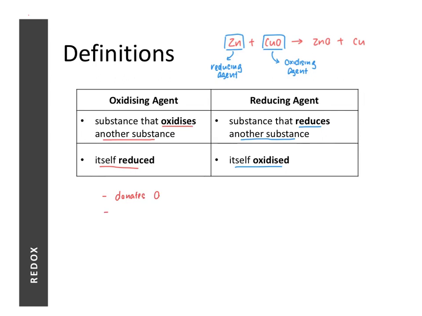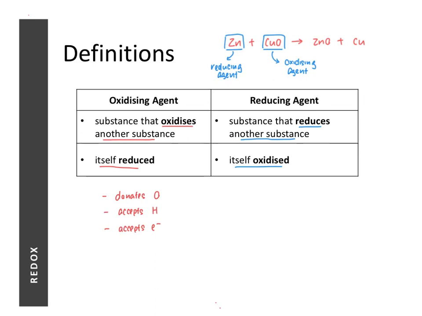So an oxidizing agent is one that accepts hydrogen from another substance. Similarly, when a substance is reduced, it takes in electrons, so it accepts electrons. An oxidizing agent accepts electrons from another substance.